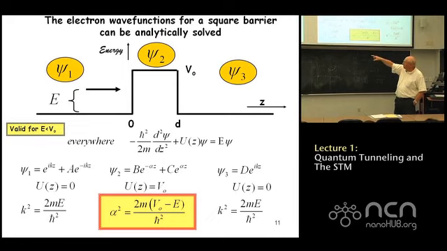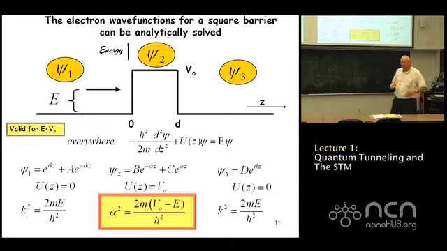These e to the ikz's represent the wave functions of the electrons to the left of the barrier. They represent the wave functions to the right of the barrier. And then inside the barrier, the wave function has to change. It can no longer be complex. It changes to just simple exponentials with respect to z.